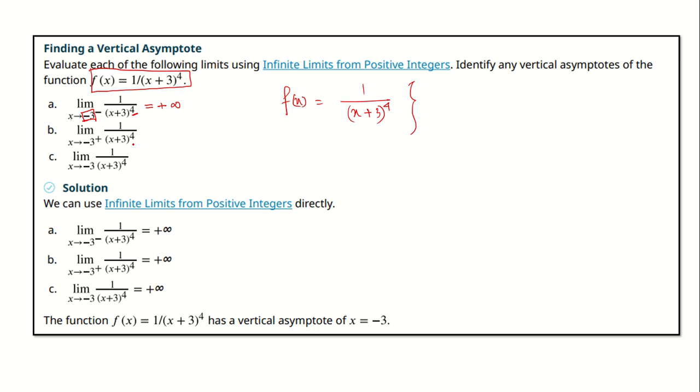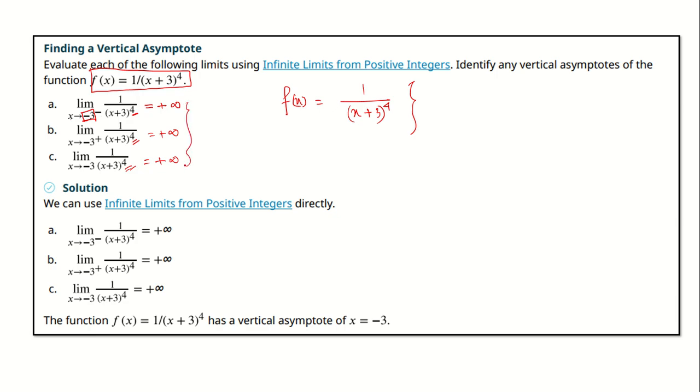Similarly here, since 4 is also a positive even number, that is also positive infinity. And for part C, it is a positive even number, so it will also be positive infinity.